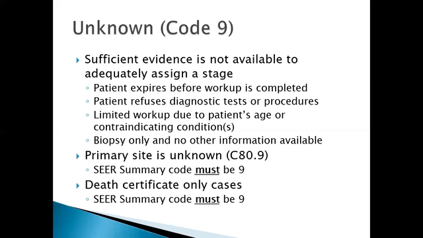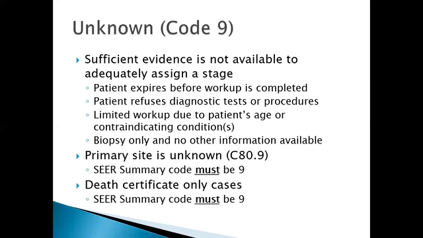Code 9 must also be used when the primary site is unknown, which is topography site code C80.9. So if you're abstracting a case that's an unknown primary and your topography code is C80.9, your SEER summary code has to be a 9.